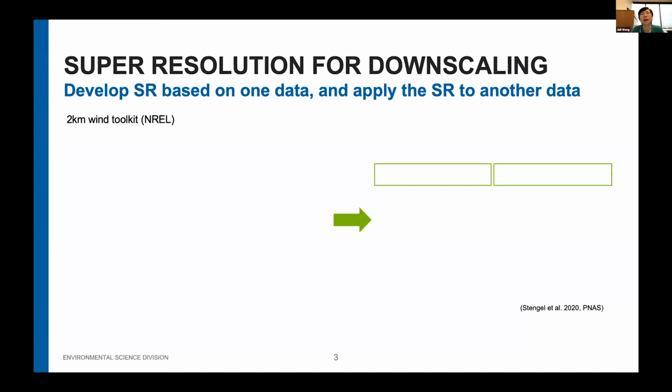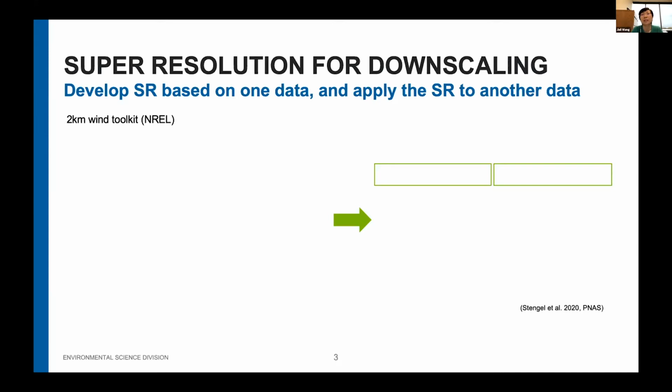In the second step, they aggregate this high resolution data to a low resolution, and then based on the original high resolution data and the aggregated low resolution data, they develop a so-called super resolution model based on CNN, which is usually used for images.